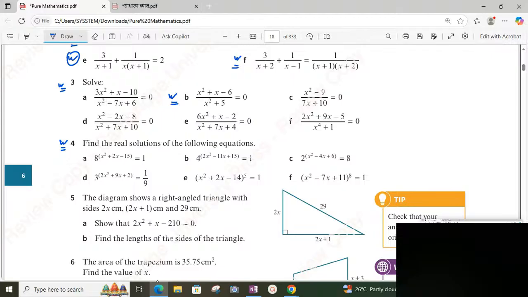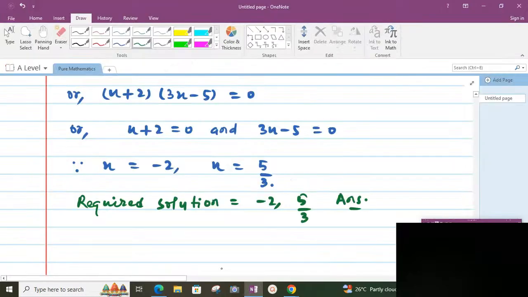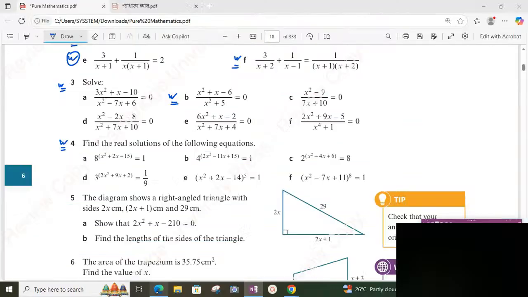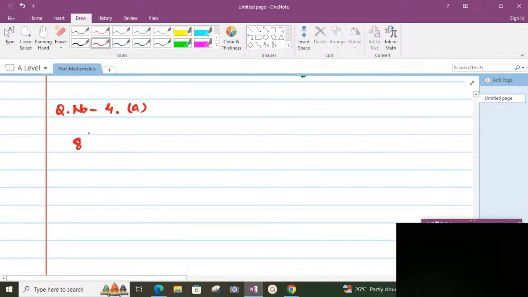Let's do the question number 8 to the power x square plus 2x minus 15 equal to 1. Question number 4 to 8. 8 to the power x square plus 2x minus 15 equal to 1.